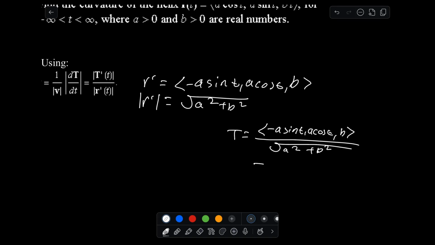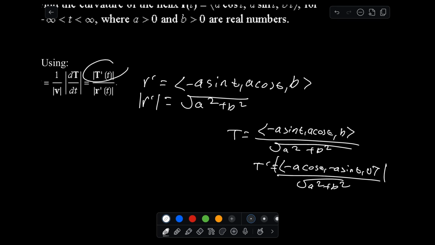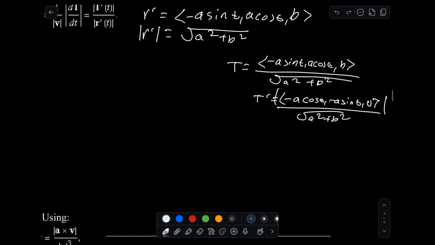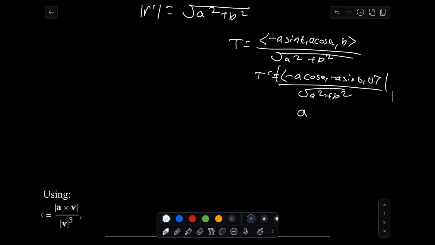We're going to get T prime equals negative A cos T, negative A sine T, 0, A squared plus B squared. You have to take the magnitude of this though, because that's what the formula wants you to use. And then you would just get A over A squared plus B squared.